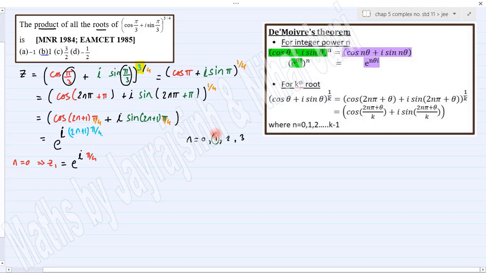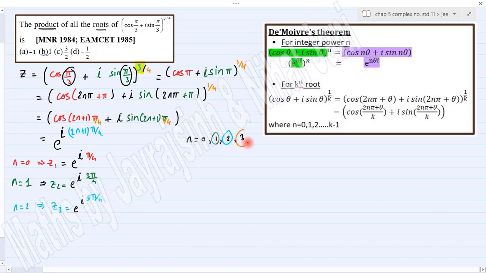Then for n equal to 1, your second root will be e raised to i times (2 plus 1) pi by 4, or we can say 3 pi by 4. Then your third term, for taking n equal to 2, z3 will be e raised to i times (4 plus 1) pi by 4, or we can say 5 pi by 4.